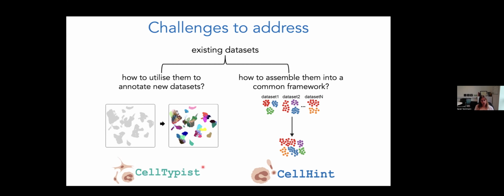The way this works is that we have a website at celltypist.org. You can either upload data or download models, and there are models for all kinds of collections, for tissue-resident immune cells, for airways, gastrointestinal tract, cardiac, and so on in this database.